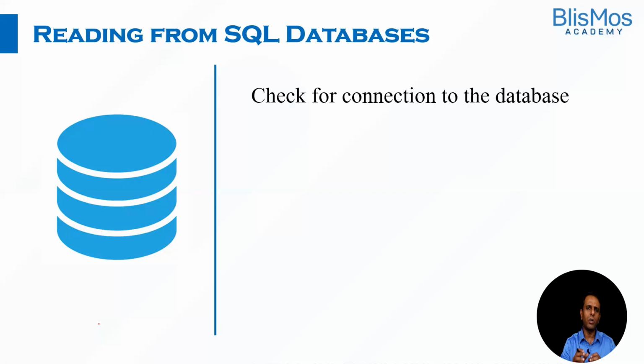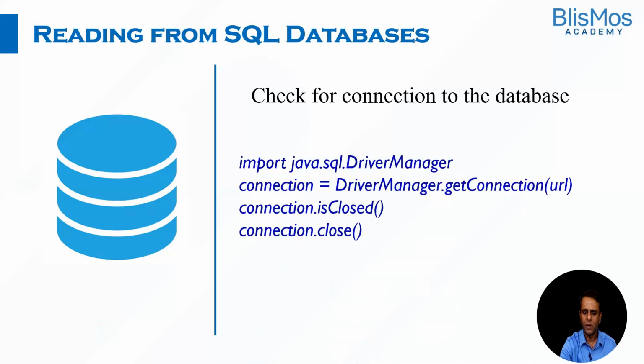You may want to connect to a database which is not on the same server. During that time, you need to ensure that whatever the URL, whatever the path you have given is proper or not. How do we do that? By checking the connection. It depends on the project. Sometimes you may not need that because it is already connected. Sometimes you do need it.